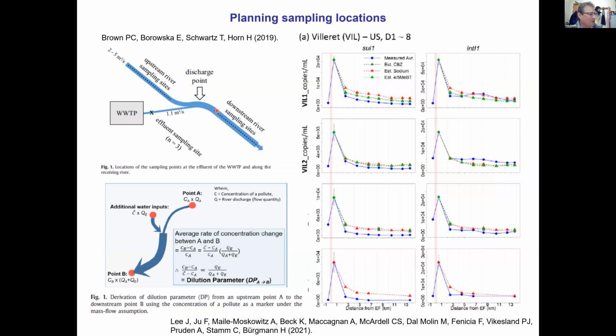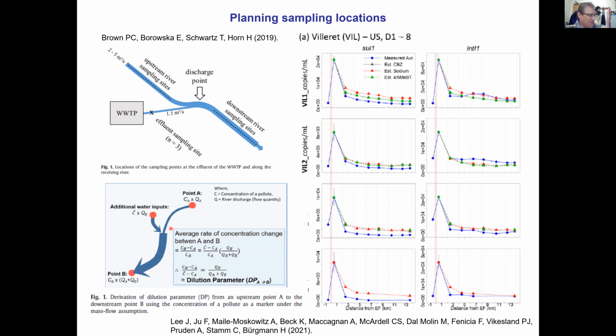Also including flow measurements, so having some idea of how much discharge from the wastewater treatment plant compared to the river. And you can see in this case, the river is quite small. So no more than 5 times the volume of water than the discharge from the treatment plant, and sometimes only twice. So the dilution of the effluent will be very small.